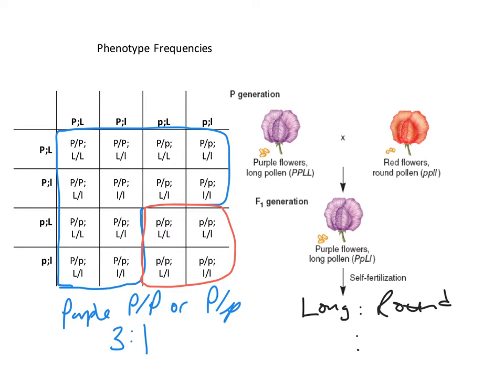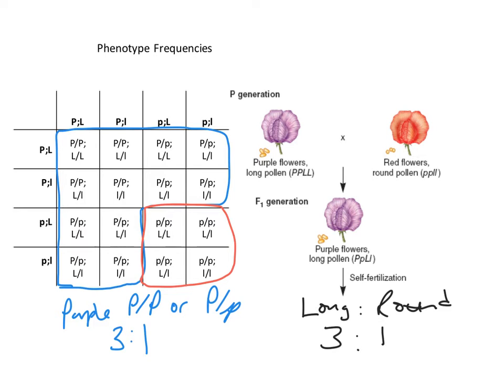Oh goodness, what's the ratio going to be? The same. It's also going to be 3 to 1, because each of these genes acts as though you're making a monohybrid cross. You're selfing a heterozygote. You get a 3 to 1 phenotype ratio from a monohybrid cross.